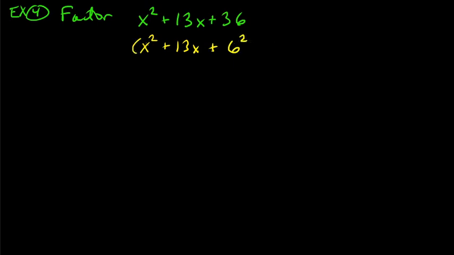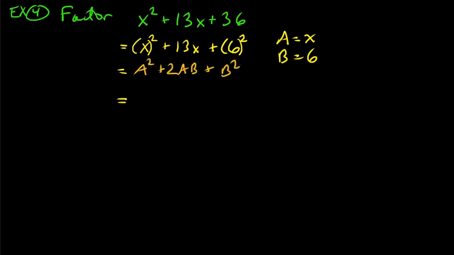So in this case, the a is x and the b is 6. Since this fits the form, let me write the form again, a squared plus 2ab plus b squared, and this factors as a plus b squared. This should equal x plus 6 squared, because the a is x and the b is 6.